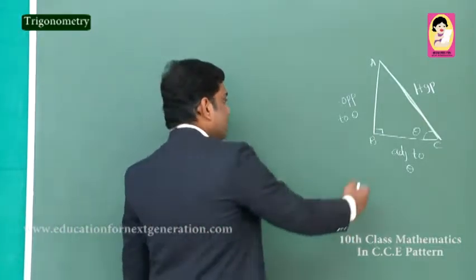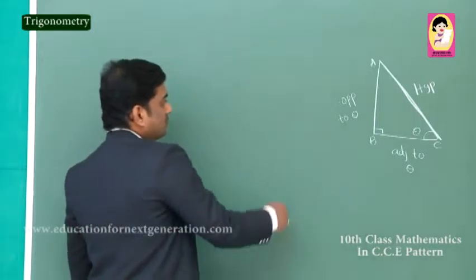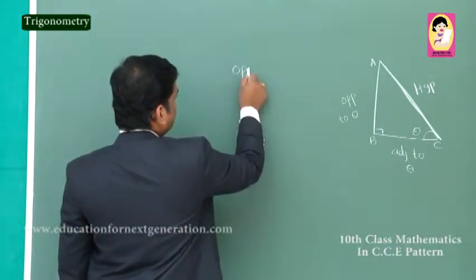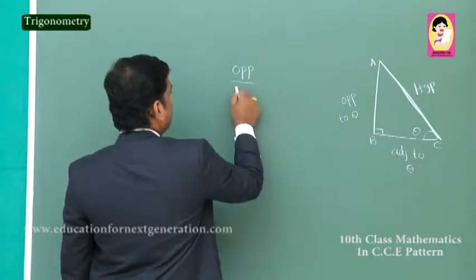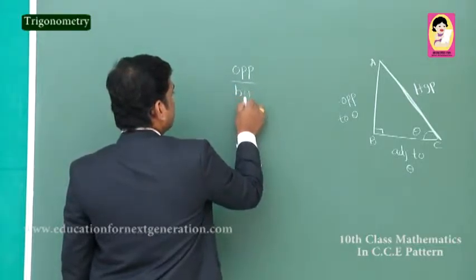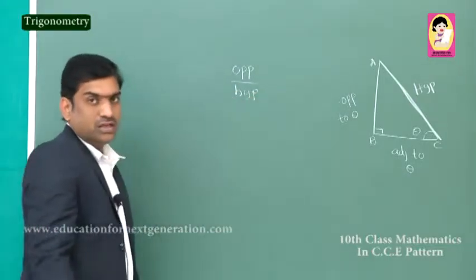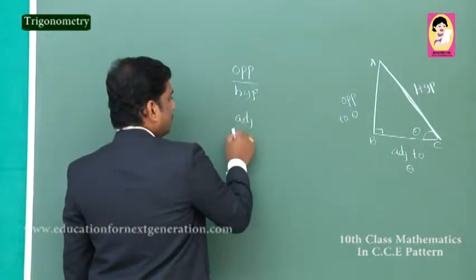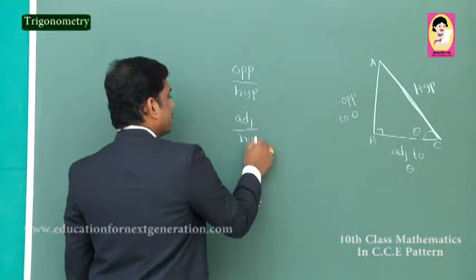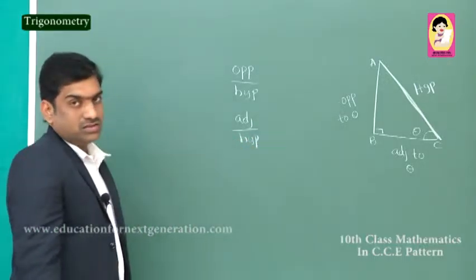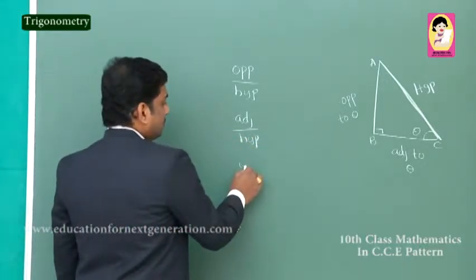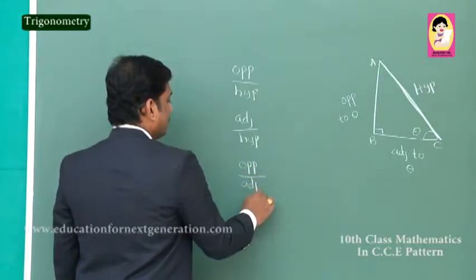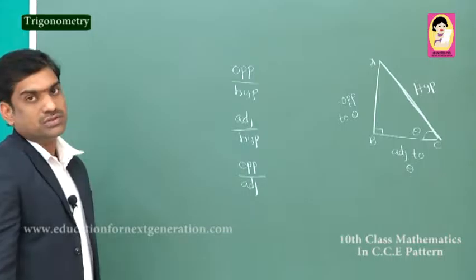See, in this right angle triangle, if we try to write the ratios between the sides, opposite by hypotenuse, we can write as one ratio, and next adjacent by hypotenuse, and the next one is opposite by adjacent. So we are getting three different ratios.